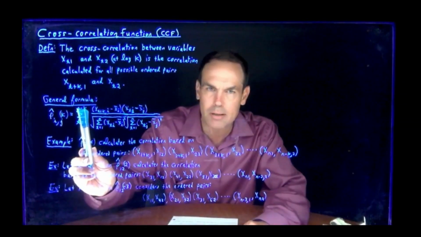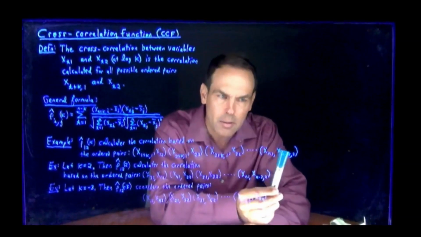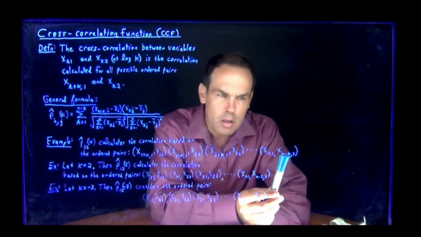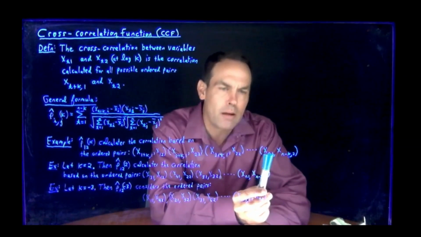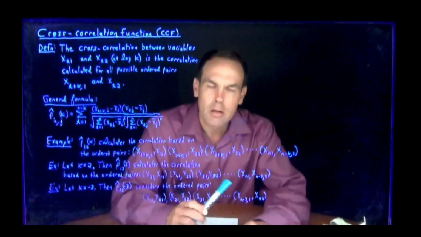For the same reason, you can't go any further than n minus k. So this is the last ordered pair that's possible, n minus k. This is paired with variable 1 at k time points ahead of n minus k, which puts you where? Right at n, because n minus k plus k equals n.